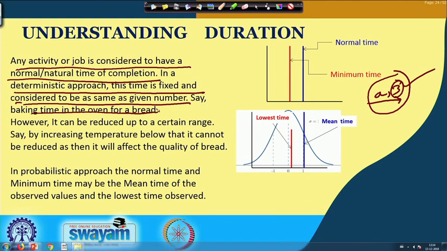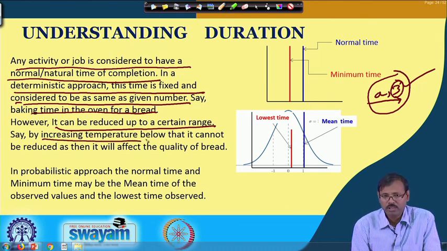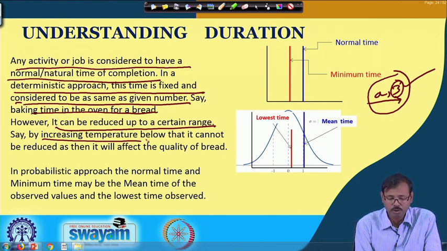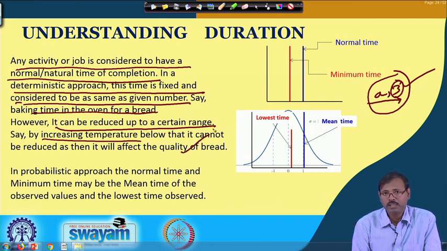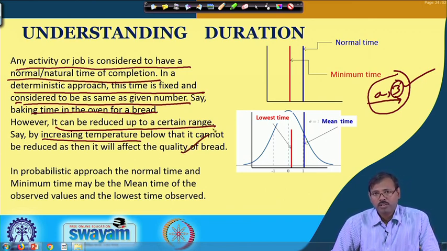Now, it can be reduced to a certain range. If we increase the temperature a little bit, it may be reduced, or if we change the oven, it may be reduced, but this may affect the quality. That means, we cannot have a system where we can have a bread within, say, 5 minutes.